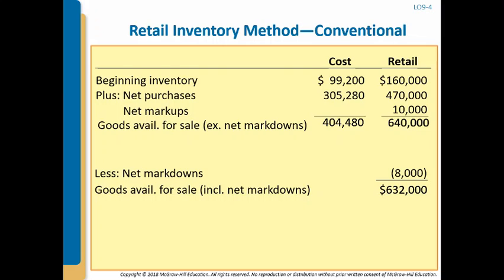In other words, you don't include the net markdowns in the sum of goods available for sale at retail. You subtract that after you determine goods available for sale at retail. And what that does is it approximates lower of cost or market. And they explain it in the book, and I'll let you read that on your own.